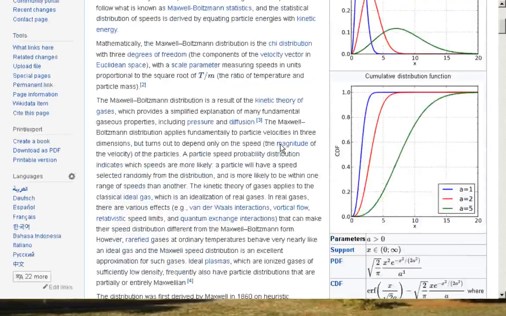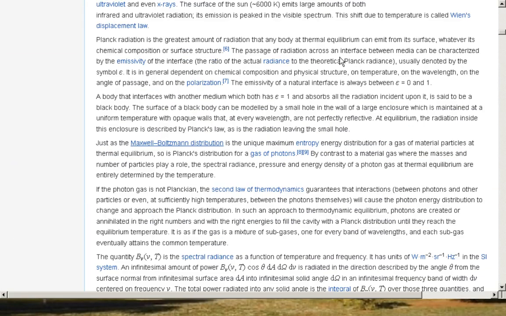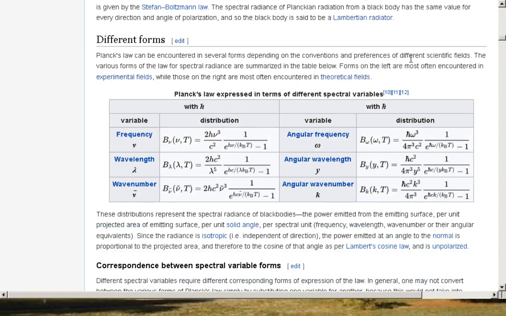This stuff might mean something, it might not, I don't know. Okay, wave numbers have to do with every time an electron jumps in energy level, there are wave numbers associated with that.